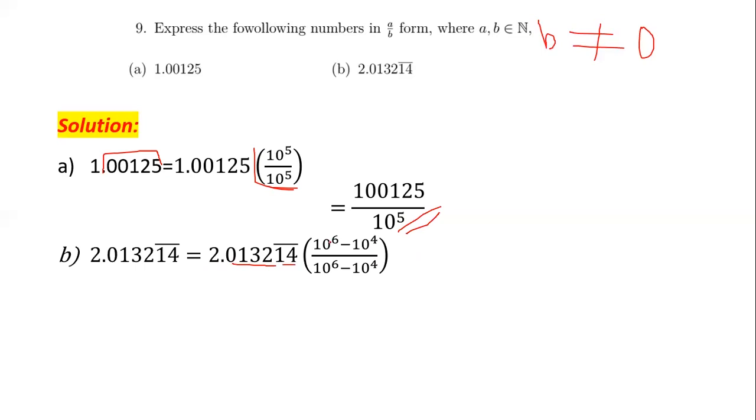Here we have 4 non-repeating digits and 2 repeating digits, which are totally 6, minus 10 to the power of 4. 10 to the power of 4 means the number of non-repeating digits, over the same expression.